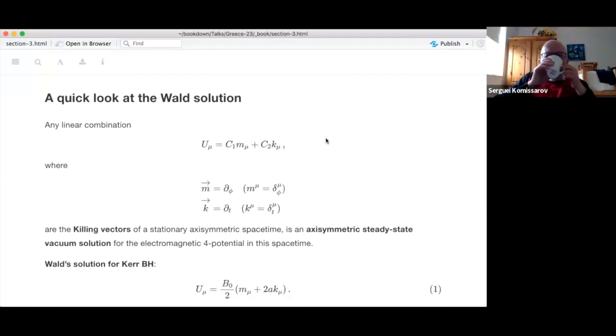that the potential for an axisymmetric steady-state vacuum solution can be written in terms of Killing vectors.